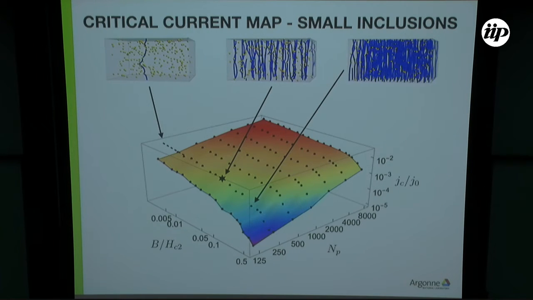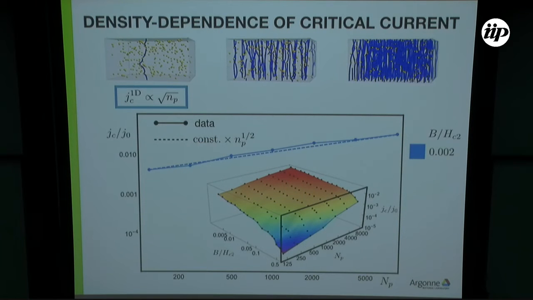And the first projection I'm going to show you is the projection through this window. And then we see that if we look at the lowest field, which is this set of points in the back, they agree very well with the scaling that we expect in the 1D strong pinning regime, which is the scaling with square root of the number of particles or the density.